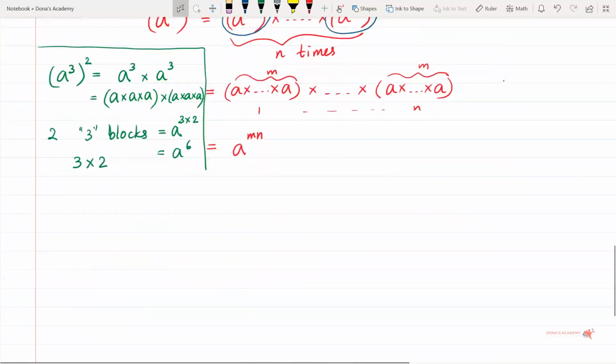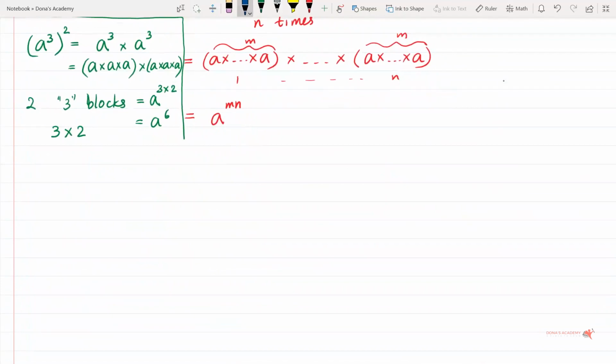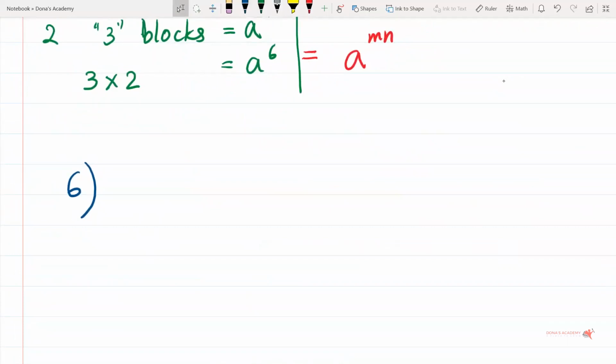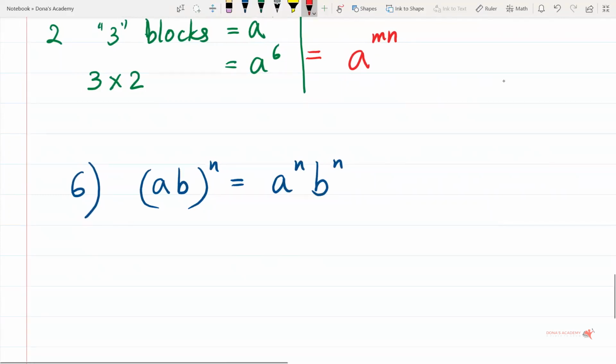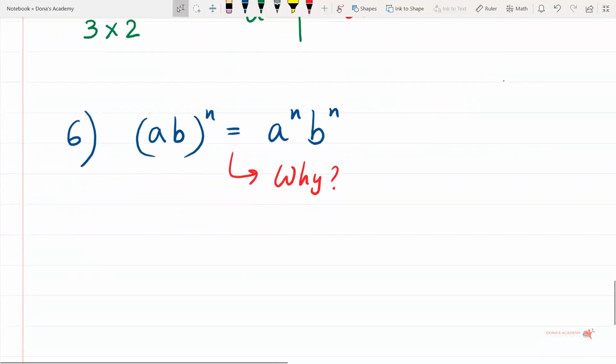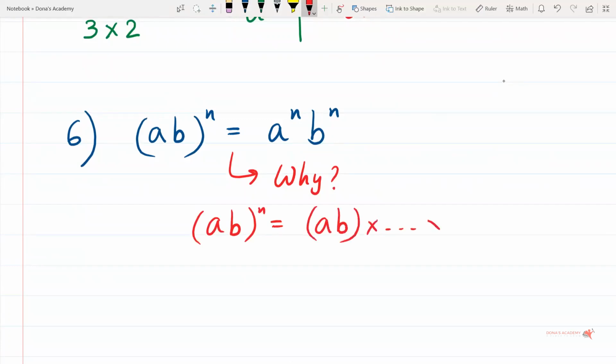The next one is a b to the power n, and this is the same as a to the power n, b to the power n. Again, let's quickly see why. I can expand this as ab blocks n times.